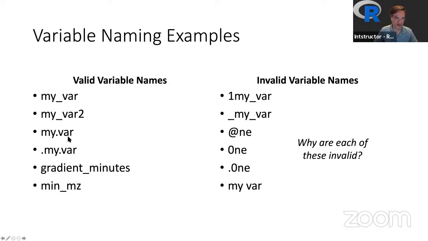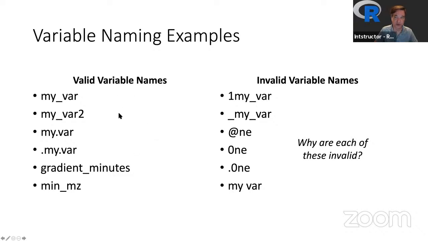These are all valid variable names on the left-hand side. The ones on the right are all invalid variable names. We'll see what happens if you type an invalid variable name. You will get an error in the R console, and maybe not necessarily right now, but you can go back. Why are these invalid? There are rules that are getting violated about why you can't use these as variable names.